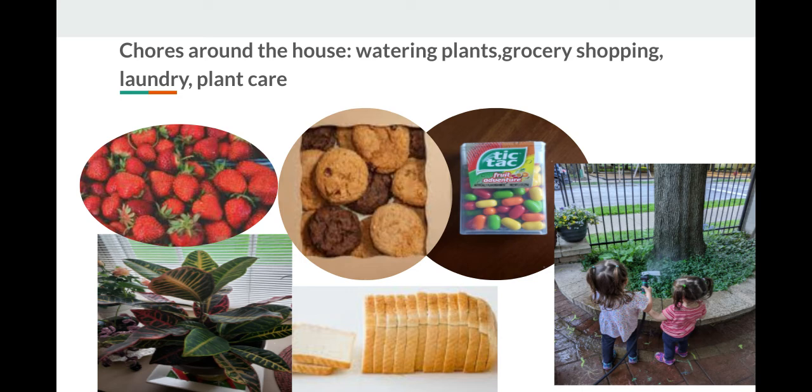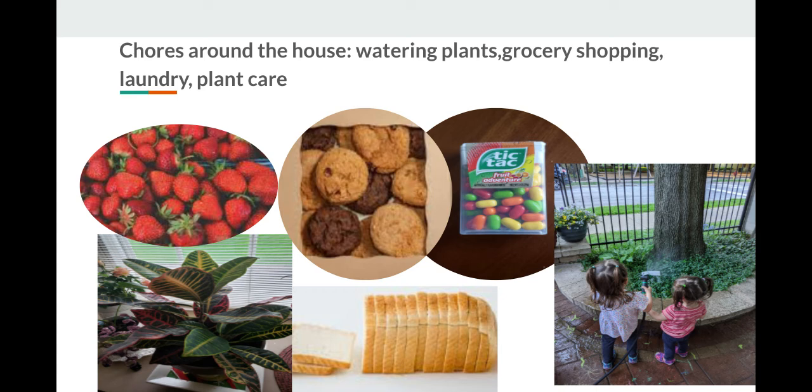We were talking about the chores around the house. So, some of the things that you do around the house are setting up tables that we already talked about. But if you want to do laundry, you can count the clothes in and out of the dryer and the washing machine. If you're watering the plants, grocery shopping, taking care of anything in the house can be a topic of math.